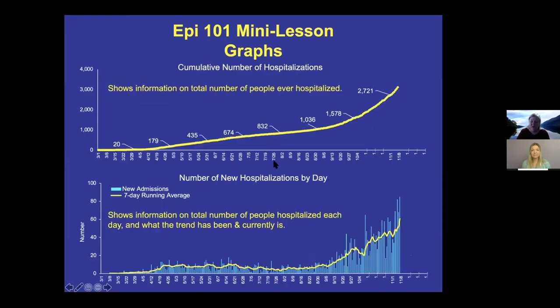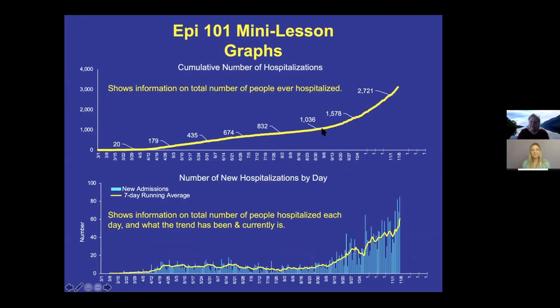And so here are those same two graphs just on top of each other. And one question could be, why do you use these different graphs? Well, this cumulative number is going to show information on the total number of people ever hospitalized. We couldn't really do that down here. We'd have to go through and add up each one of these little vertical bars to come up with these totals.